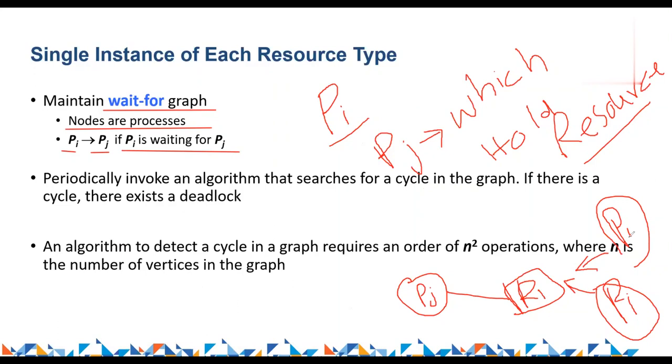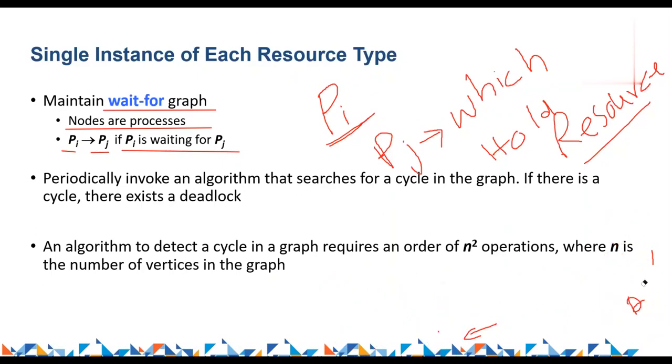So whether it is 1 or 2, both of them will be represented by Pi. However many processes are holding this resource will be called Pj, okay? So Pj is a process which holds resources and Pi is a waiting process. It means that if in a graph we have such types of processes, then a deadlock is there, okay?